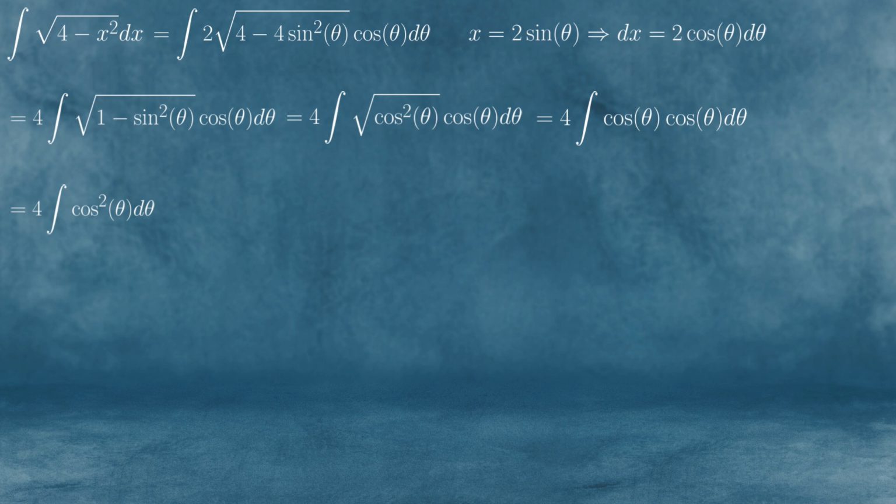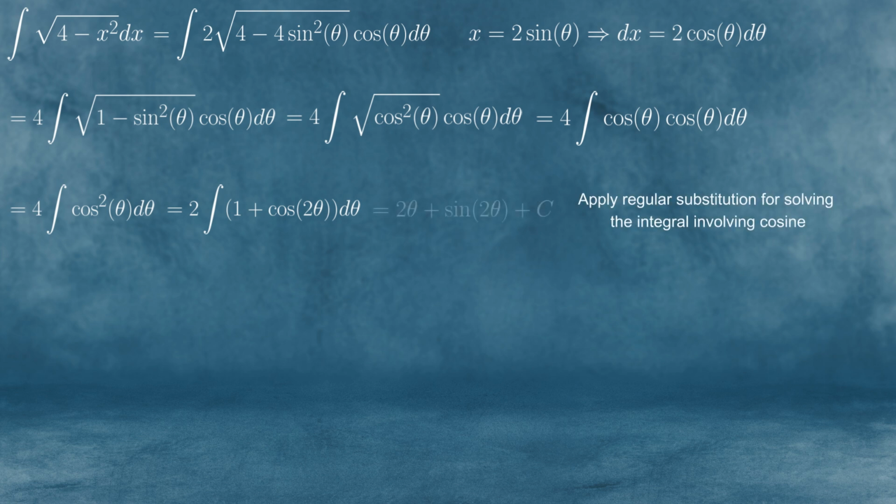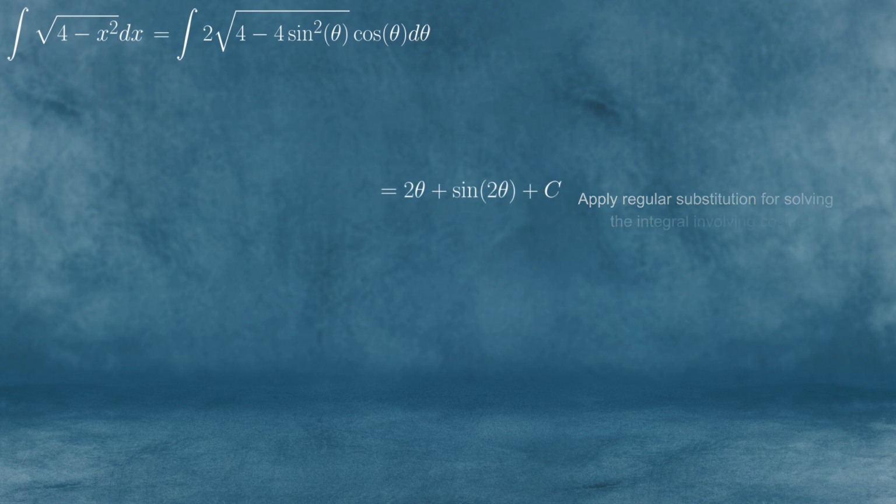Thus, we have the following integral: 2 times the integral of 1 plus cosine of 2 theta d theta. And after some substitution, we can have the final result for this integral in terms of theta. And that will be equal to 2 times theta plus sine of 2 theta plus c.